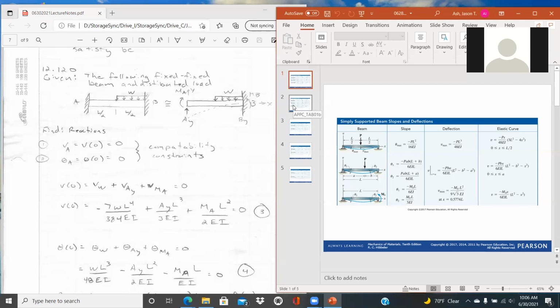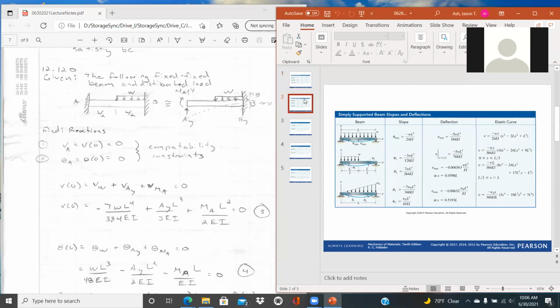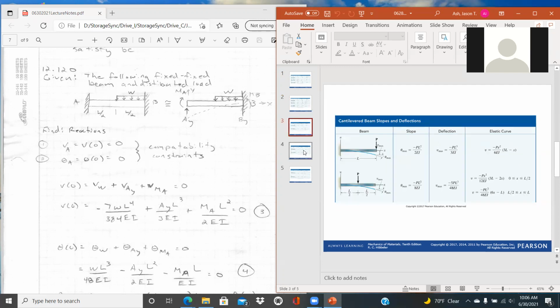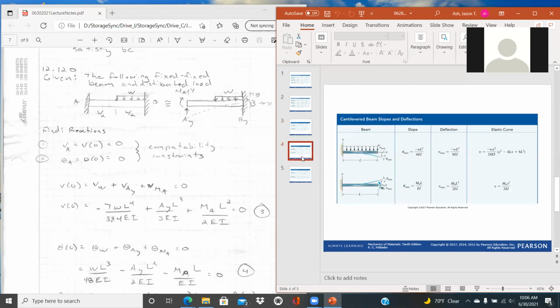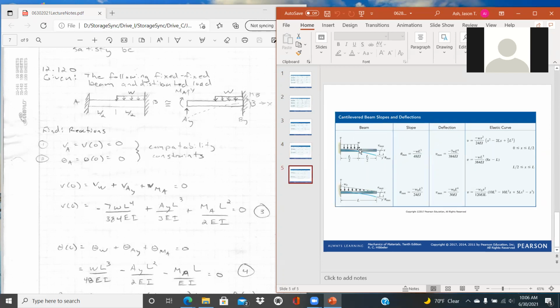So we want a distributed load over half of the beam for a fixed free type situation, cantilevered. This is half the beam, but it's a pin, so that doesn't work. Keep going down. This is over the full length of the beam. That doesn't work. And we finally find one on that last slide where we have a fixed free beam, cantilevered beam with a distributed load over half of that.